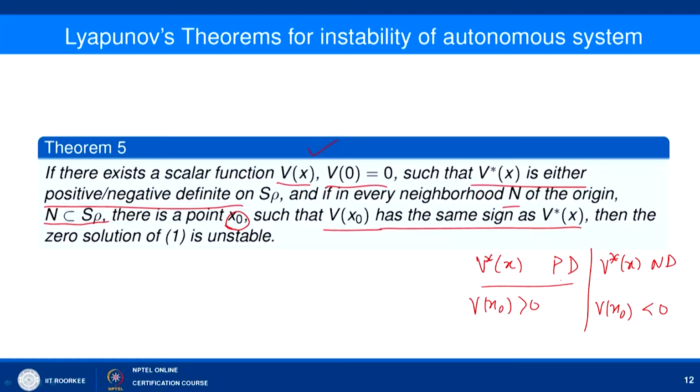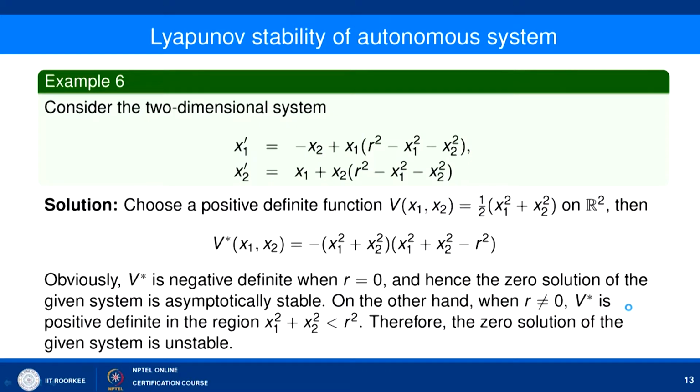So, V star x is positive definite and in a neighborhood of origin there exists a point such that V x naught is positive, then your 0 solution is unstable, and if V star x is negative definite and V x naught is less than 0, where x naught is a point in the neighborhood of the origin, then the 0 solution is unstable here. So, again I am not giving the proof of this.